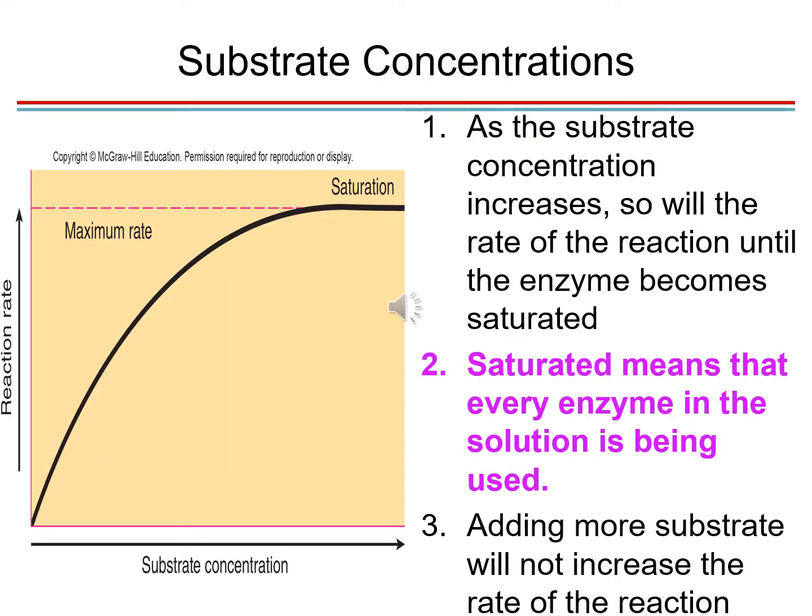Substrate concentration is another factor that increases or decreases enzyme activity. Obviously, if we have less supply of substrates or reactants, the activity of the enzyme decreases. We don't have the ingredients to produce the product, so we cannot produce it. But on the contrary, if the substrate concentration increases, eventually the enzyme activity increases.